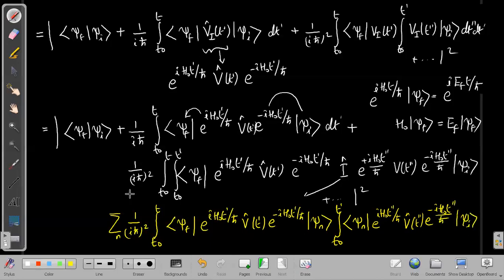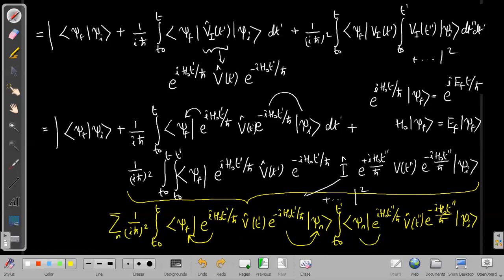So this entire third term I can write in this particular way. Now again the action of e raised to iH0 t' acting on ψ_f will give an exponential term, e raised to iE_f t' by ħ, and similarly here this would give e raised to minus iE_n t' by ħ, and so on.